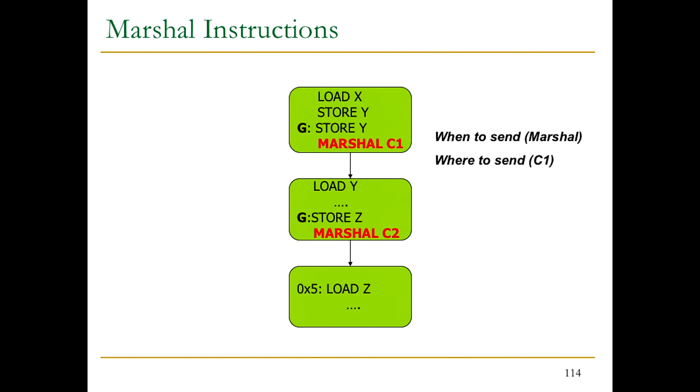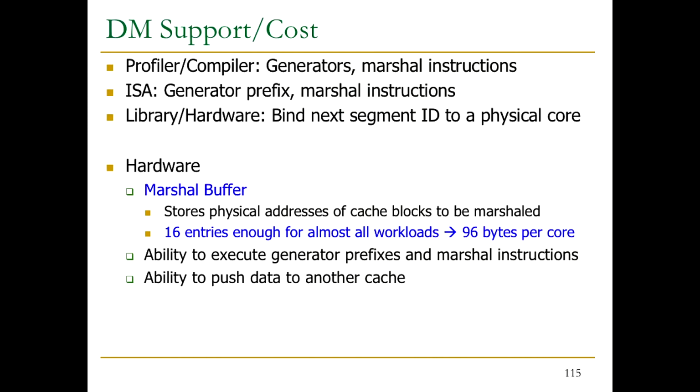And that core 1 can be a virtual ID that gets dynamically bound to a physical ID after things get scheduled. So there needs to be some runtime system that maps that, but let's not go into that right now. Okay, basically you insert the marshal instruction. Where do you insert the marshal instructions? One simple way is at the end of the segment, but you could actually insert it much earlier, right? Okay, so that's the compiler modification.